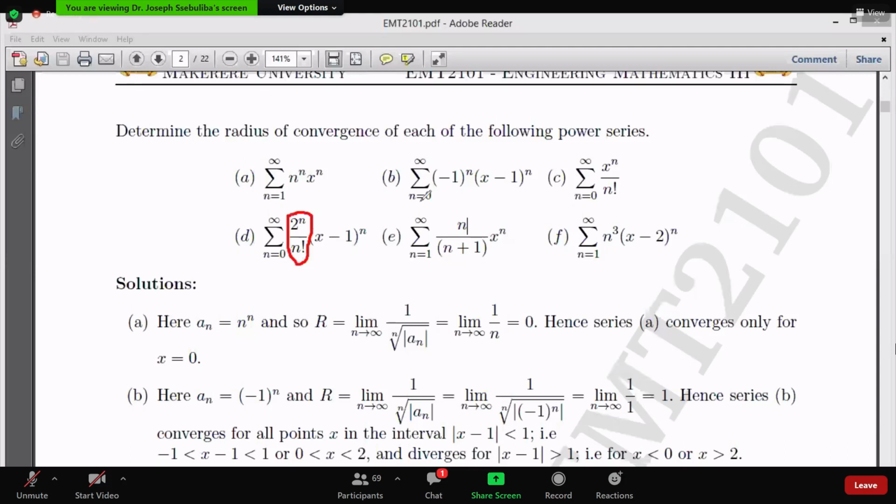Then remember, by definition of that power series solution, this is x minus 1 to the n. The minus 1, remember by definition, is minus x naught, so x naught is 1, then to the power n. Since this is a ratio, here we'll use the ratio test.